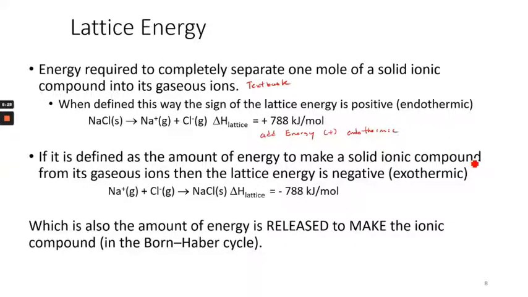But I have been reading up on lattice energy, and in some other places, it seems to be more commonly referred to as the amount of energy to make a solid ionic compound. So if you are making a compound, you have your sodium ion plus your chloride ion coming together to form sodium chloride. In this case, you're going to release energy.